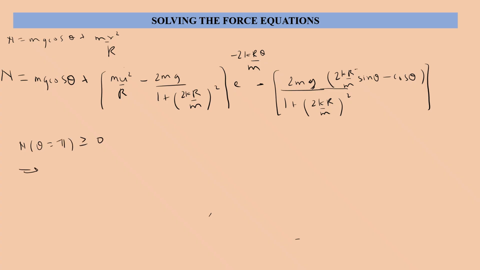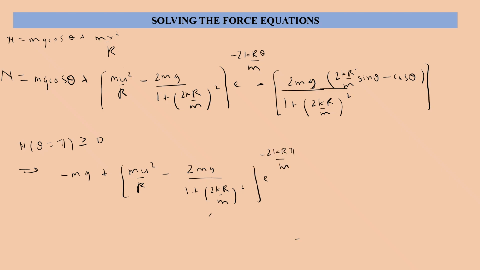Let's apply it. mg times cos pi is negative 1, so minus mg plus mu square upon r minus 2mg upon 1 plus 2kr upon m whole square times e to the power negative 2kr pi upon m, minus that should be plus 2mg upon 1 plus 2kr upon m whole square.